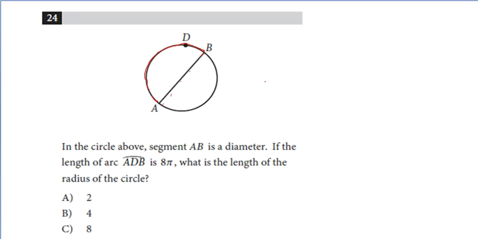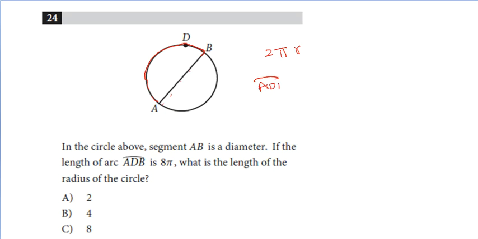So that is 8 pi. What's the length of the radius of the circle? So what is the circumference of a circle? That is 2 pi r, right? So if this is the diameter, half of the circumference is the length of ADB.